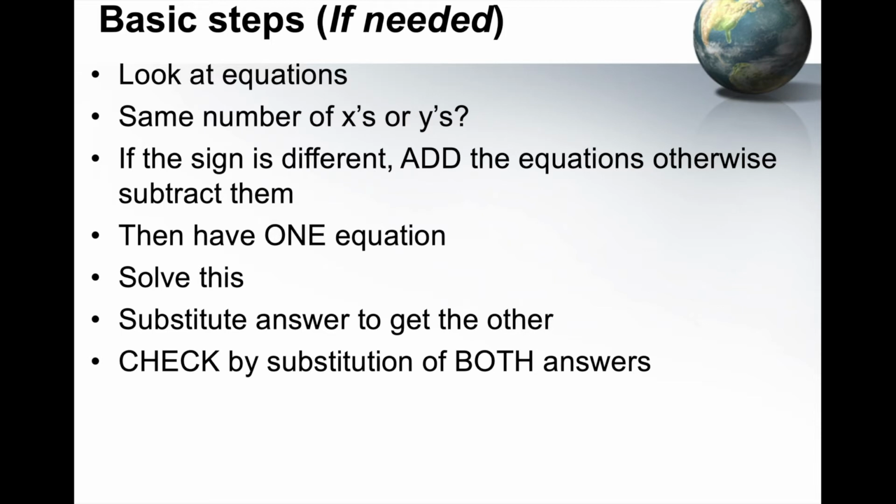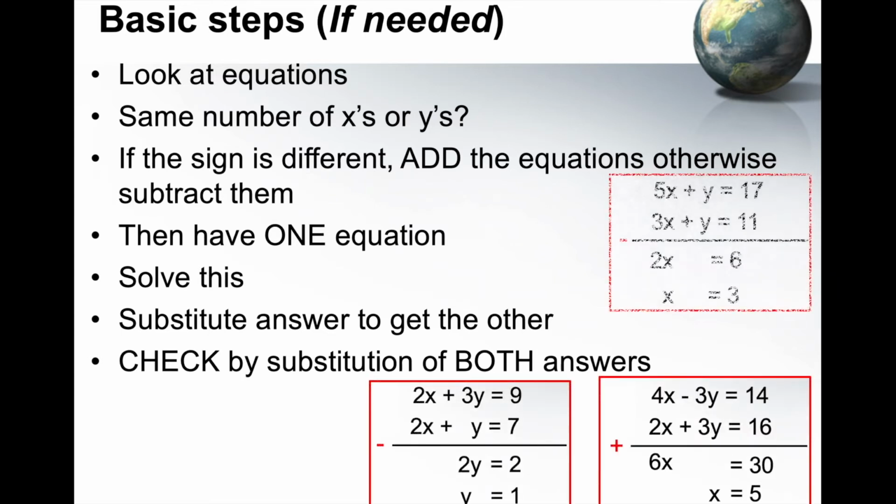If x has the same number, then that's the one that you eliminate, and vice versa. Let me just display the previous examples. Here y's are the same, so you eliminate y. Here x's have the same number, they're all 2, so you eliminate x.